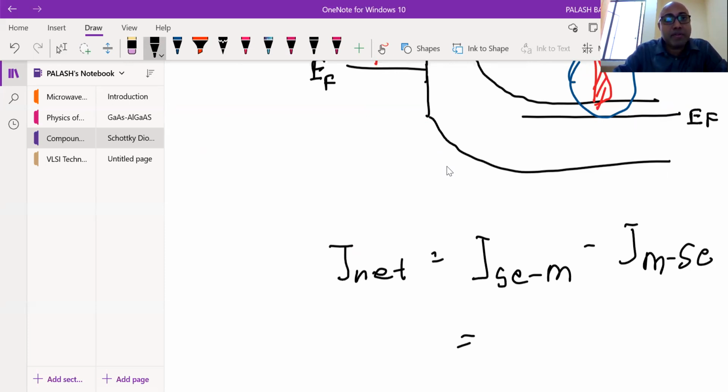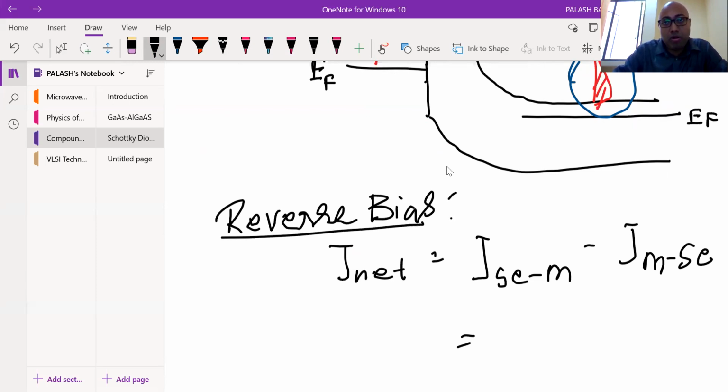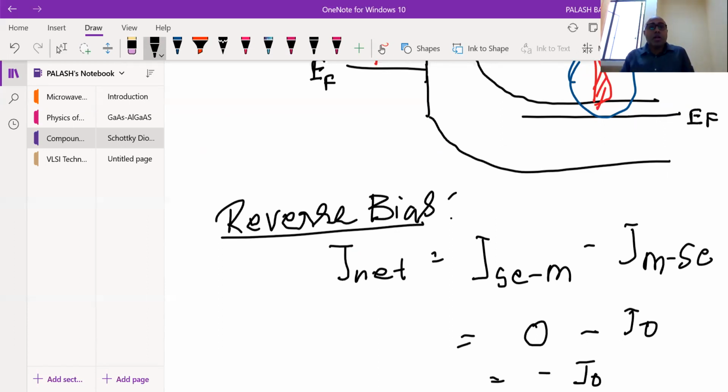For reverse bias, the semiconductor to metal term vanishes and only the metal to semiconductor J0 remains. Okay, so this is actually a qualitative understanding, but physically you have to be very sound on it.